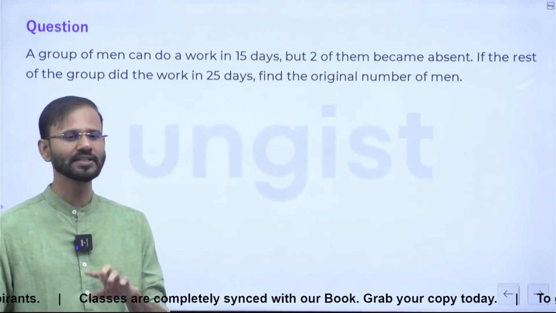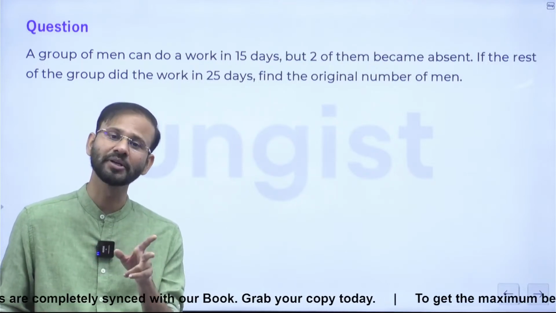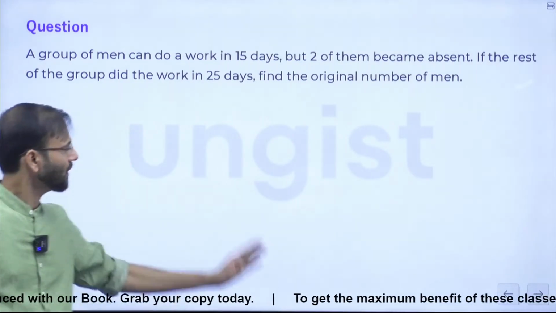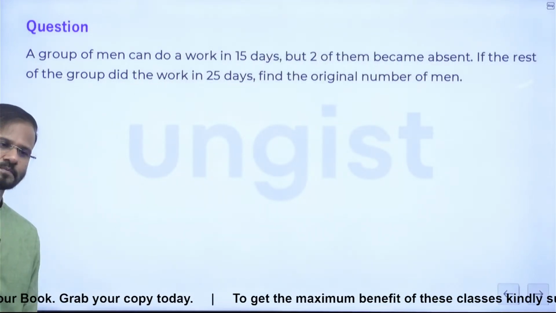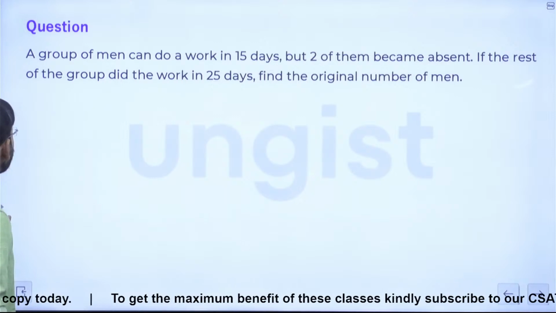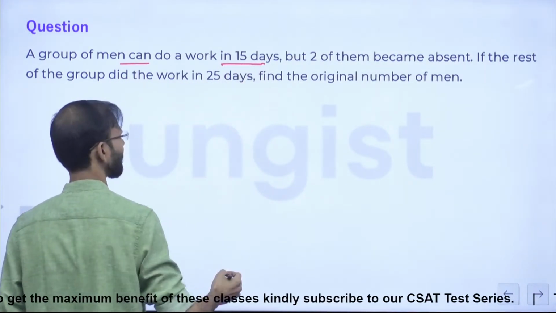और अगर मान लीजिए वो ये कहें कि worker A is double efficient than worker B, so they will be mentioning this in the question, right? Now read the question, guys. देखिए, a group of men can do the work in 15 days, right?